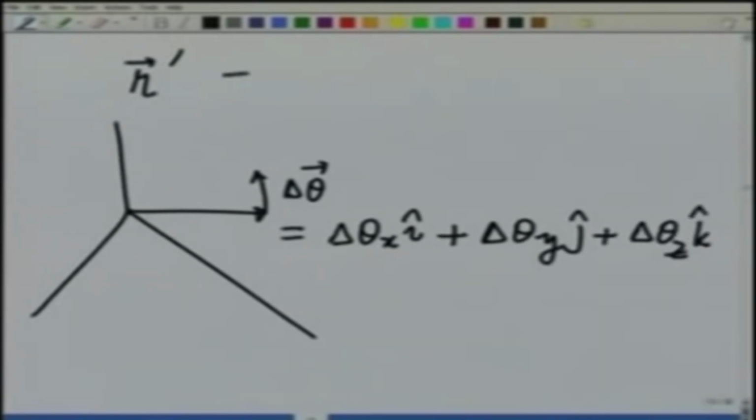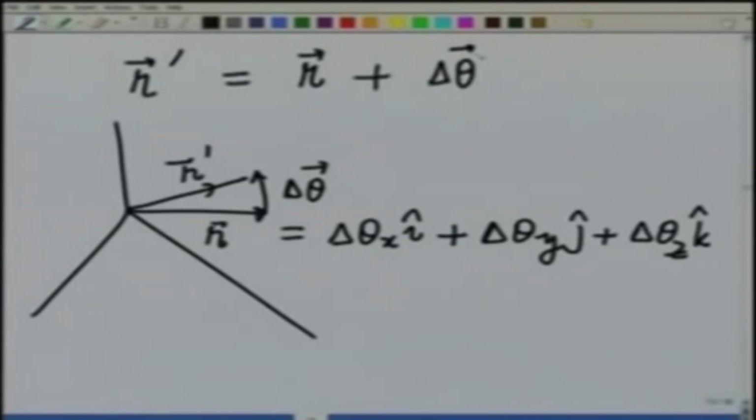Then I could write r prime as equal to the original vector r, this is the original vector and this is r prime, plus the change in r, which will be written as delta theta cross r.